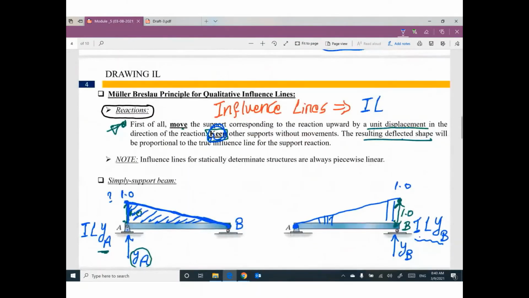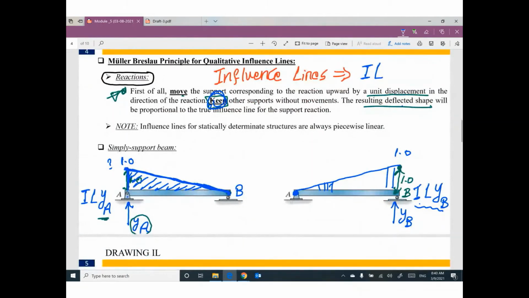The second part of this topic, how can I draw influence line for reaction? It's very simple. 3 steps. Move, keep, the deflected shape. Move the support corresponding to the reaction you are looking for.